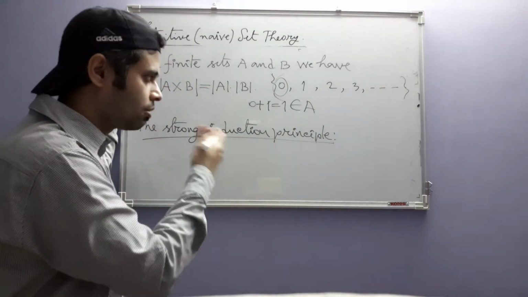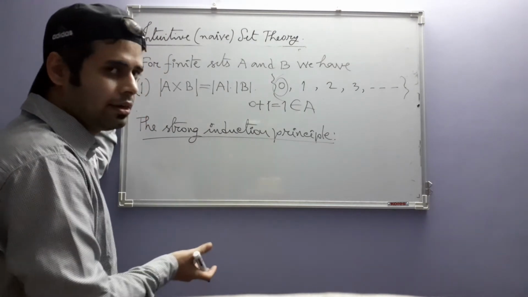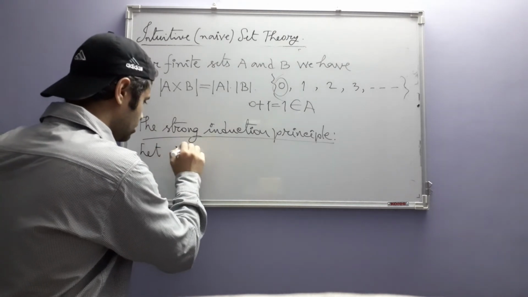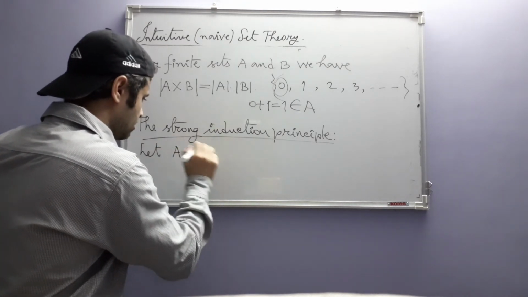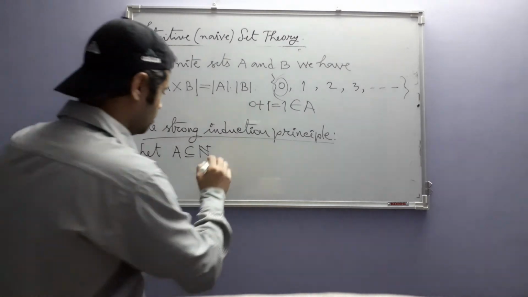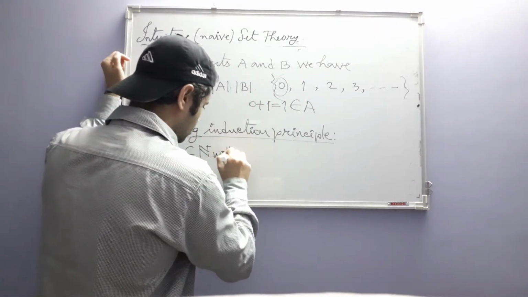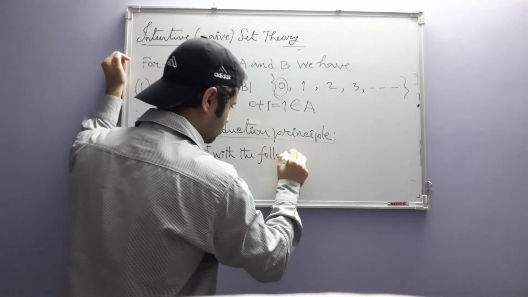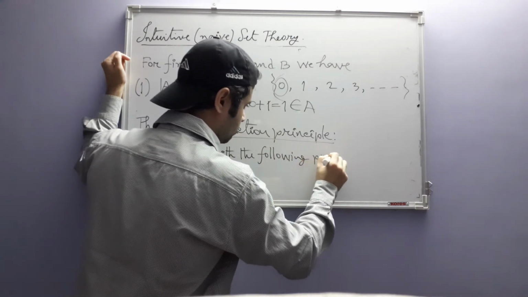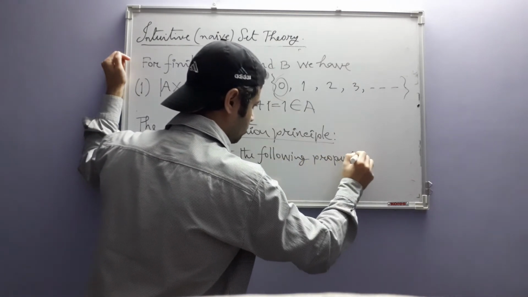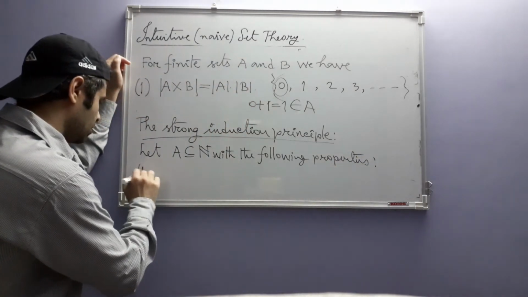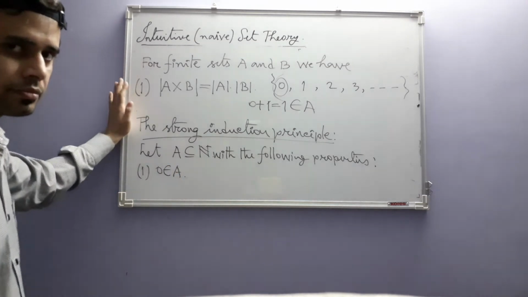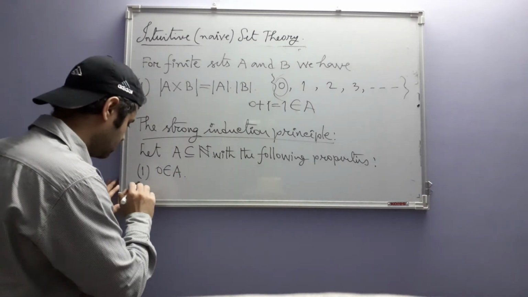It's somewhat like the original one, but slightly different. Again, we start off with a subset of the set of natural numbers. Let A be a subset of N with the following properties. Number one is same: 0 belongs to A. Okay. Number 2 is slightly different.